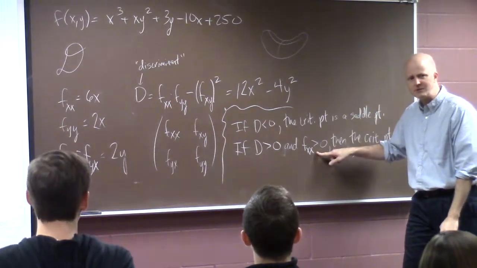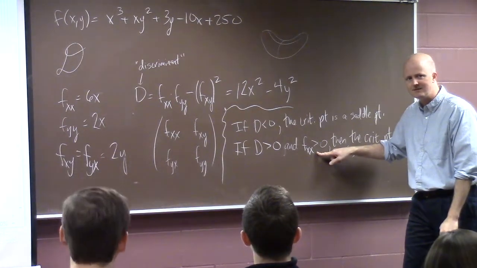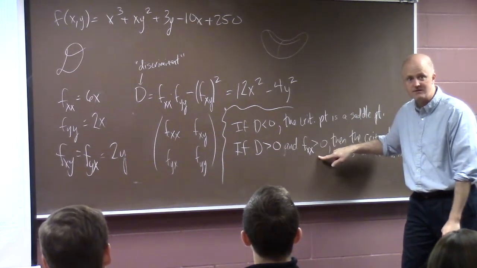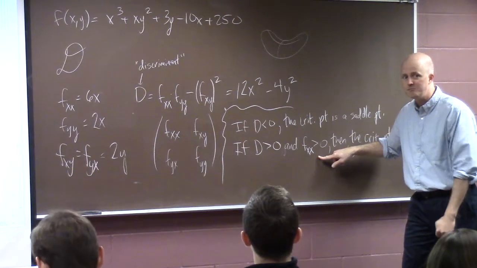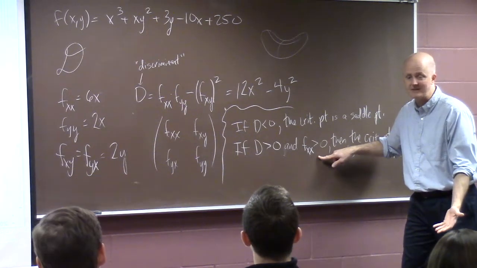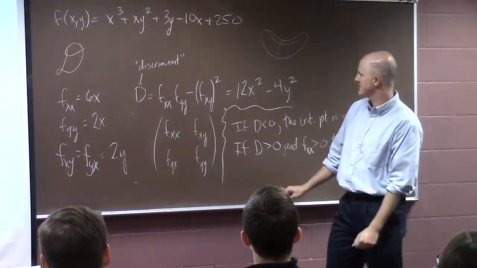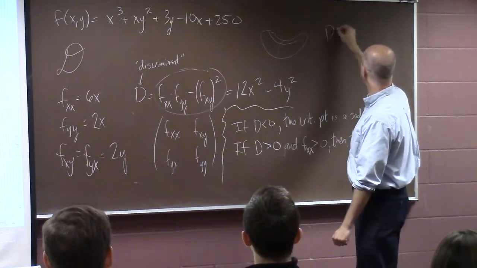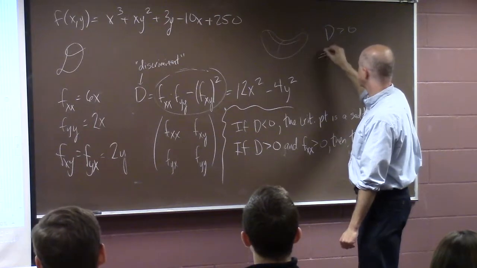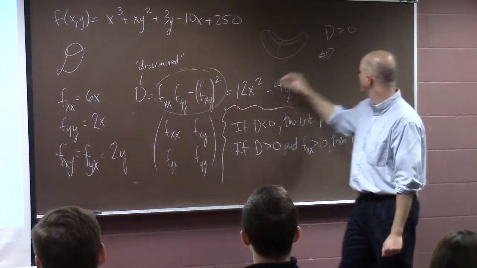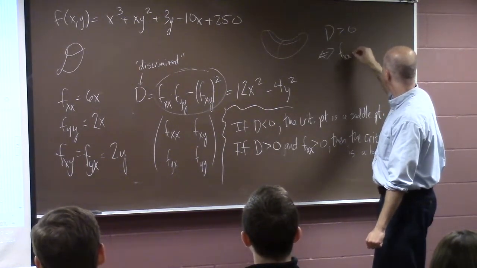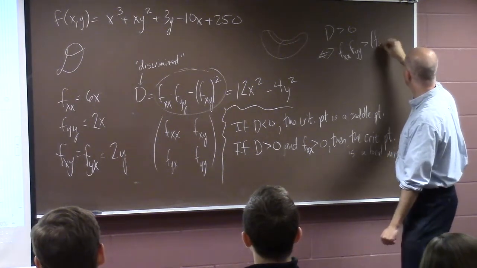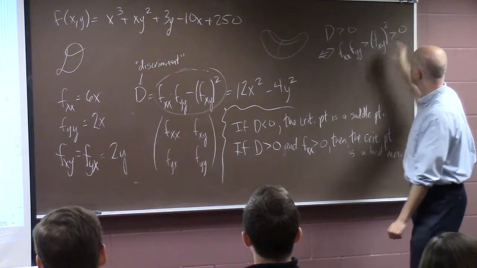Why don't we also need to assume fyy is positive? Because then they're the same direction. Yeah. This assumption and this assumption together mean that fyy is automatically positive. Think about it here. If d is positive, that's equivalent to this difference being positive, which means fxx times fyy is greater than fxy squared, which is positive.